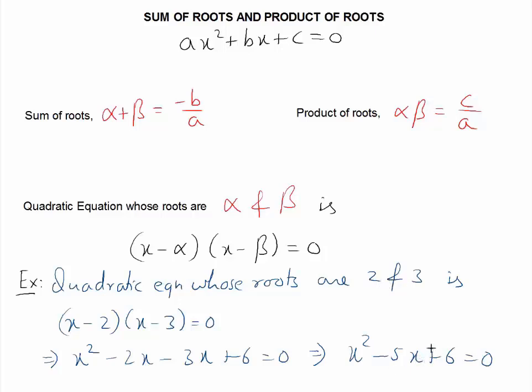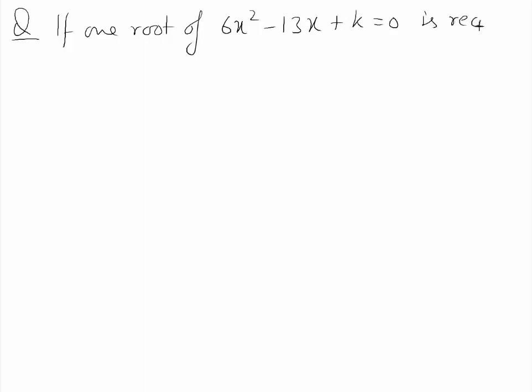Now let's do a few questions. So if one root of 6x square minus 13x plus k equals 0 is reciprocal of the other, then find k.